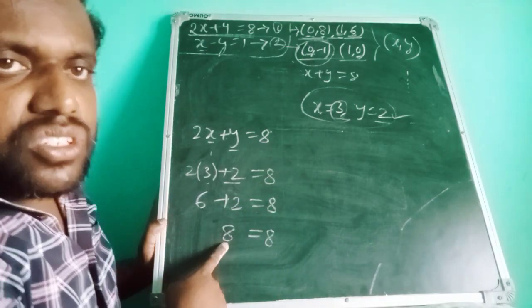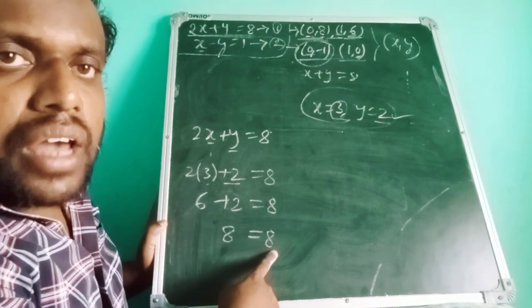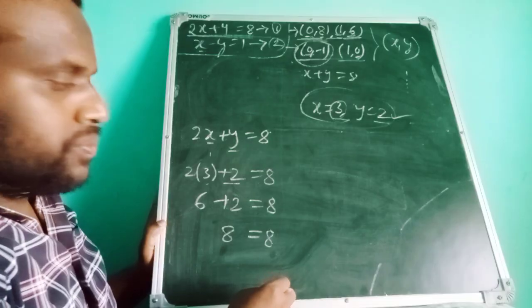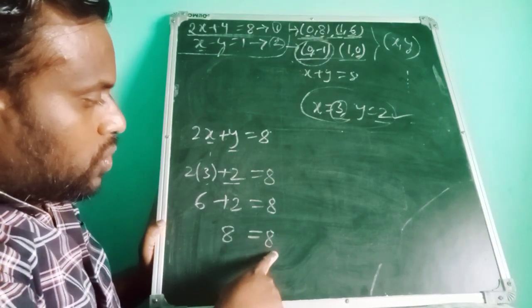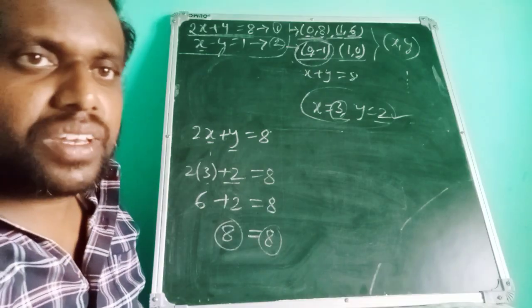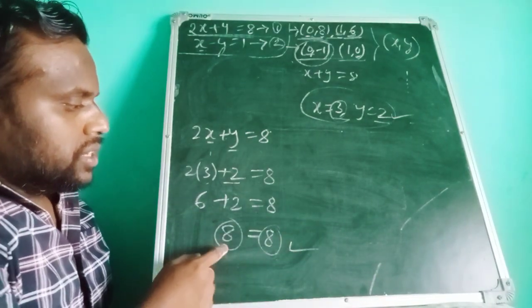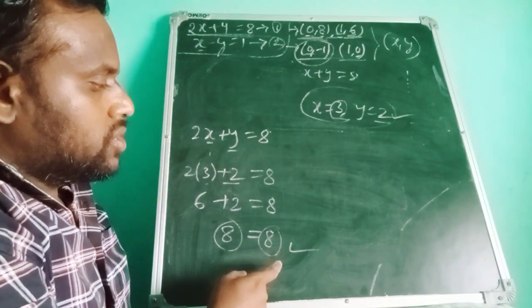See, this is LHS. LHS means left hand side. This is RHS. RHS means right hand side. So LHS is equal to RHS. So 8 is equal to 8. That is correct only. So this is correct. That means LHS is equal to RHS.